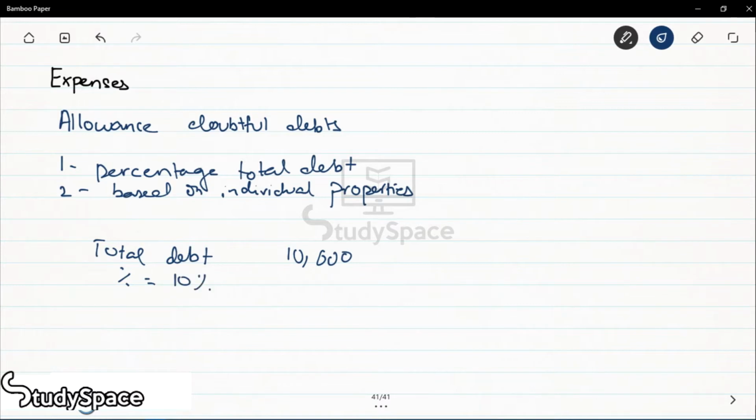So 10% of this would be 1,000, right? So we would set this aside by making an entry such that bad debt expense debit and allowance for doubtful debt credit.